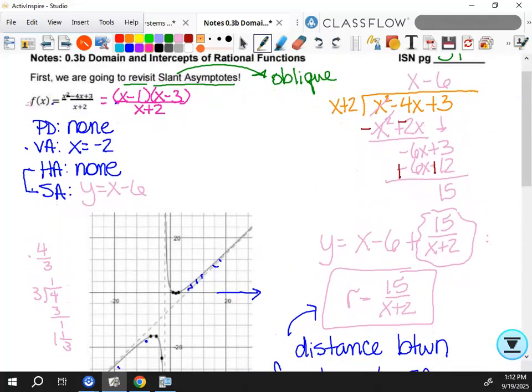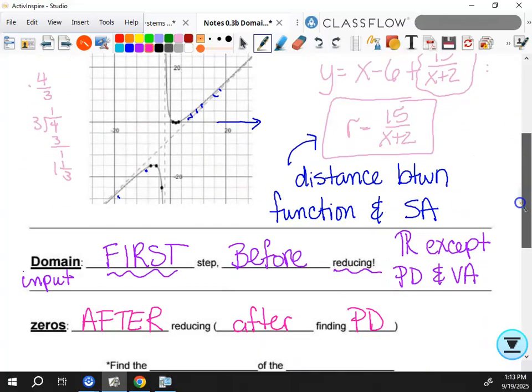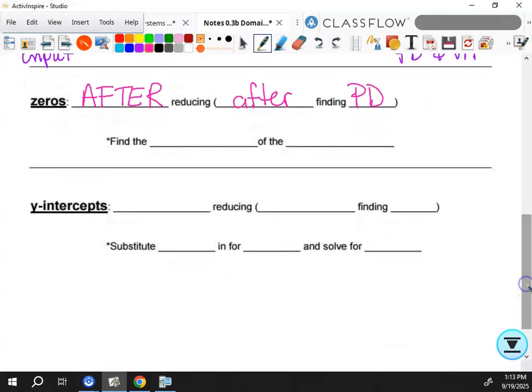The denominator. So your vertical asymptotes are the zeros of the denominator, right? Your zeros of the function are the zeros of the numerator. So that means we want to find the zeros of the numerator.